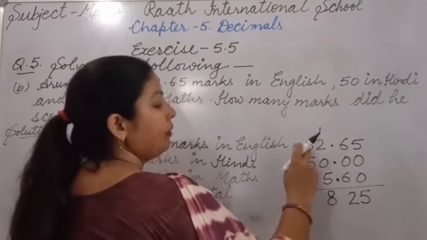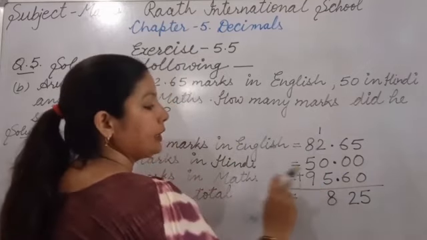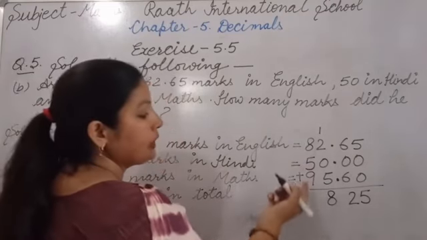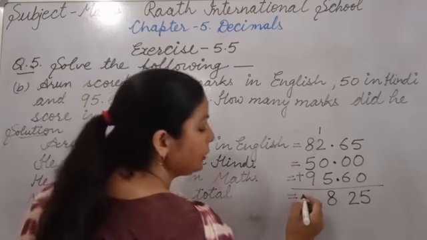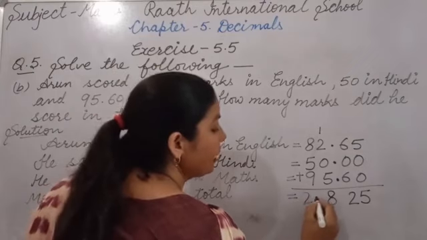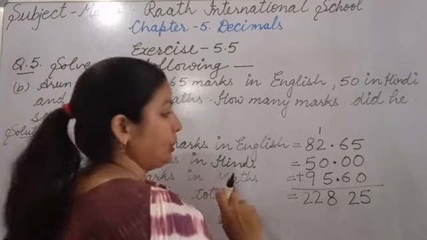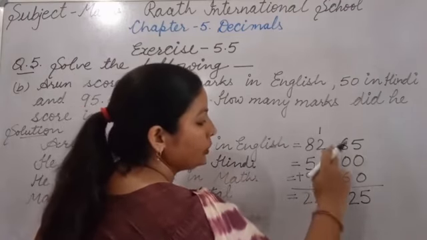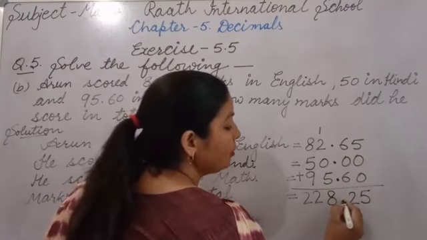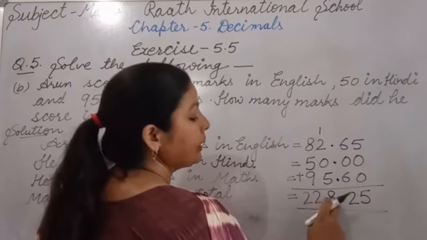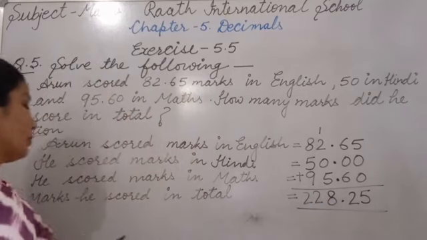Okay. And now 8 plus 5, 13. 13 plus 9 is 22. Now there is no other digit, so we write 22 as it is. Now point. So down of point we will use here also point. So total marks are 228.25. So we write here.